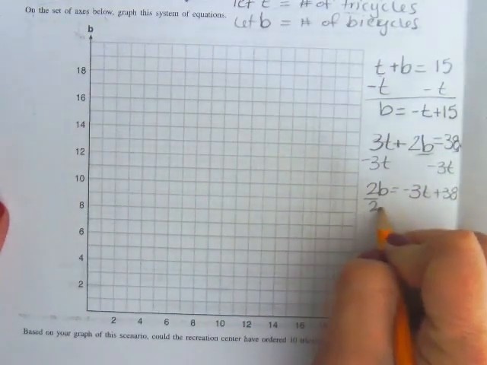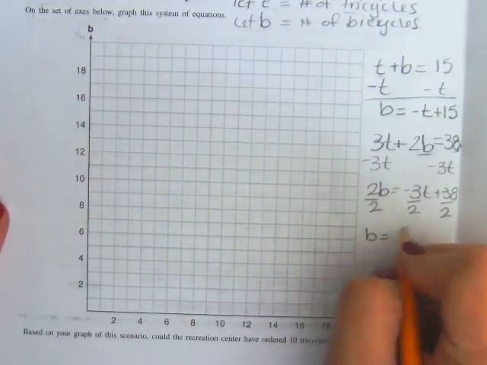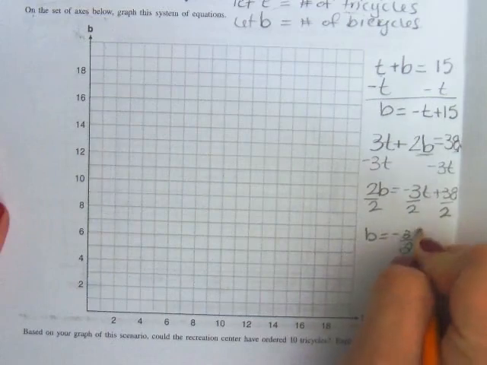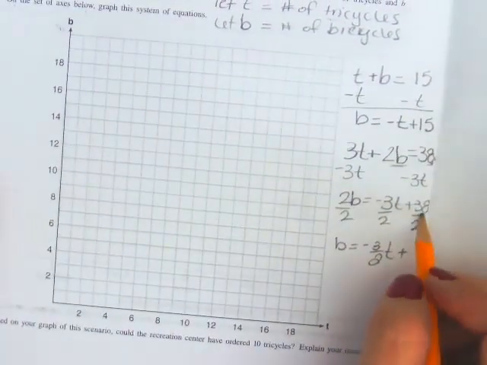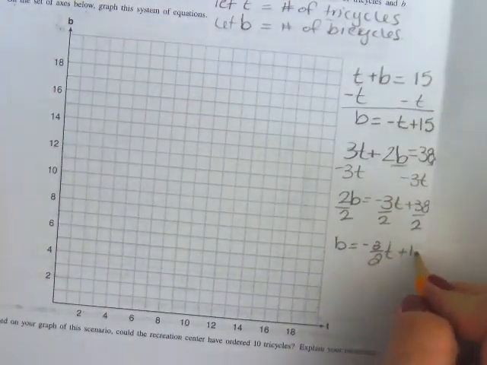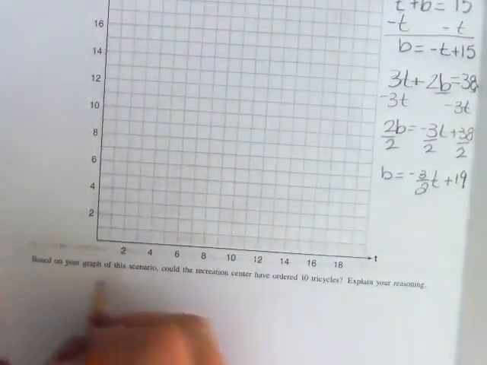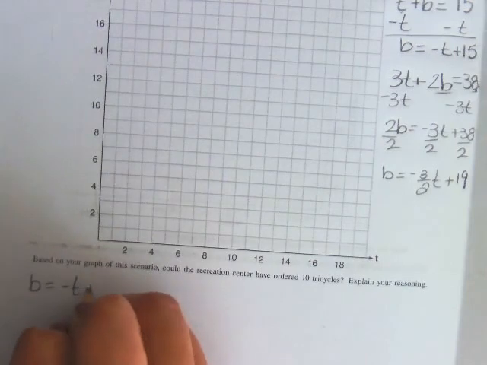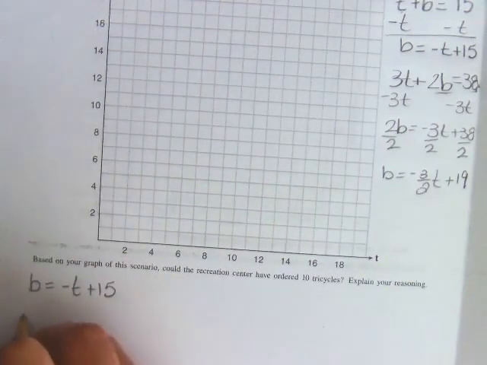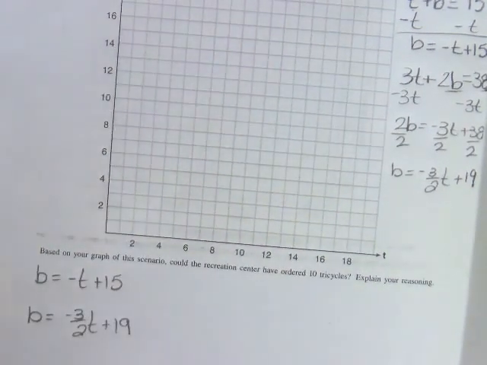Then I divide everything by 2, and I will get b equal to negative 3 over 2 t plus, what's 38 divided by 2? 19. Okay, so I'm going to be graphing b equal to negative t plus 15 and b equal to negative 3 over 2 t plus 19.